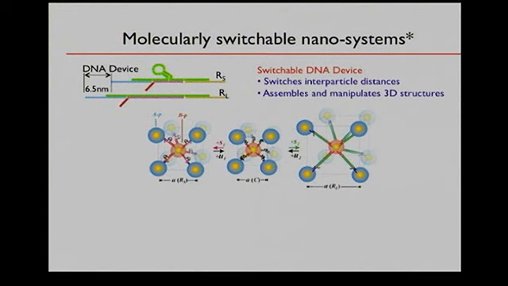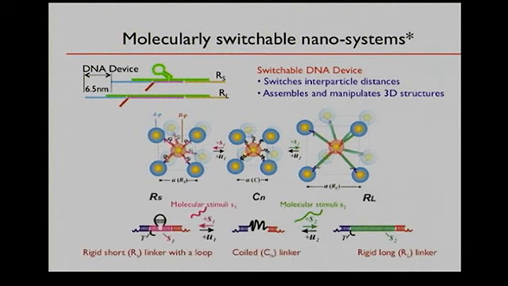If we now use, instead of a linker, something a little more complicated, which I will call a DNA device, it can have two states. This is state 1, and this is a stem loop, due to some internal structure, the way we designed it, or an additional state like that. The difference between those two states is 6.5 nanometers. If we use this DNA device to connect particles in a crystal and switch between the different states, we can switch the lattice constant.